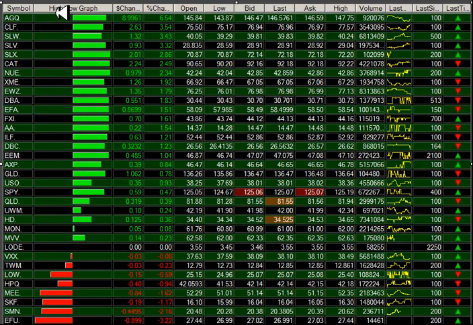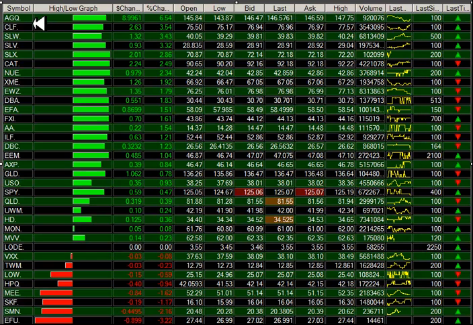Now, this high-low graph is a new treatment for me. I really like this thing. And what it does is it shows in a single cell, like a spreadsheet cell, where price is today with respect to the high and low of the day. So at this moment, AGQ, which is the double long silver ETF, a position at the very left-hand side of this cell where my cursor is would indicate it's trading right at the low.